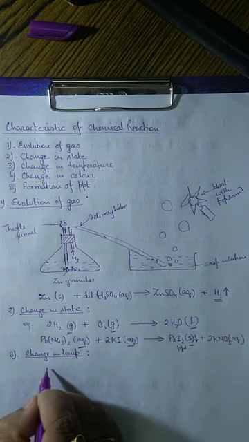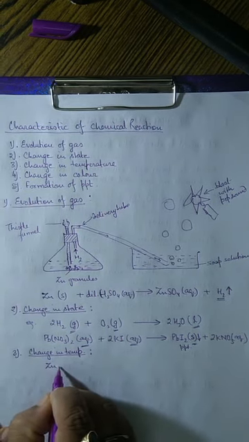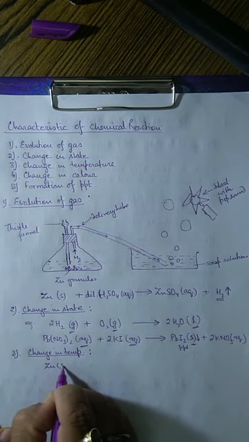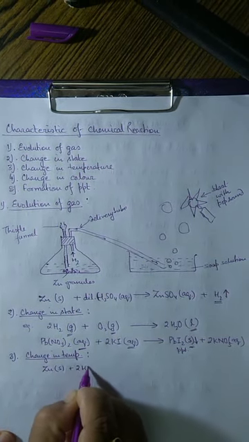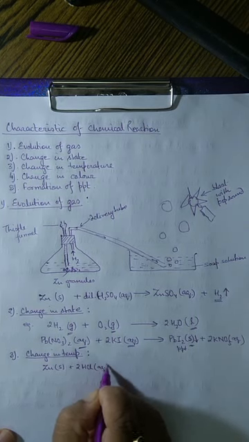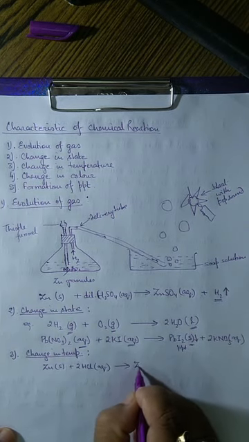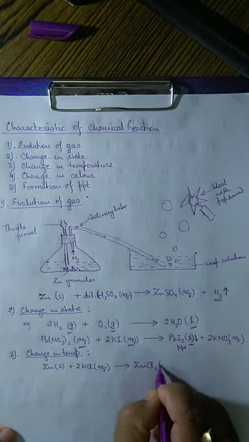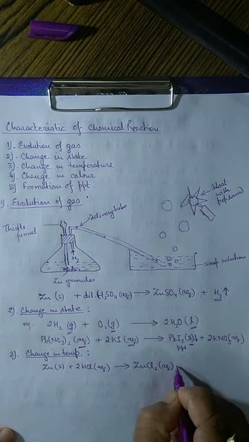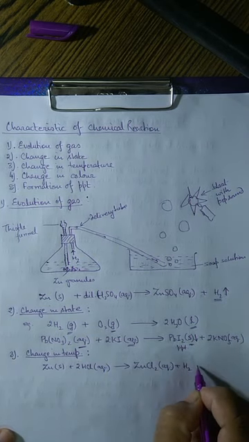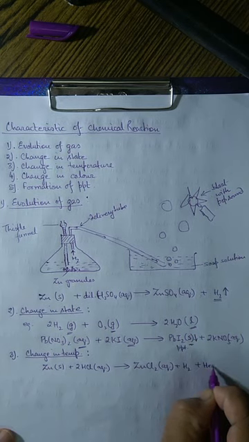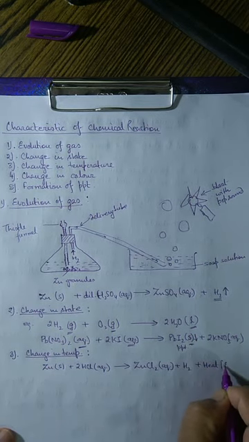First of all, again we will take zinc solid plus HCl aqueous, the reaction gives ZnCl2 aqueous, then hydrogen gas, then heat is being formed here. This is exothermic reaction.